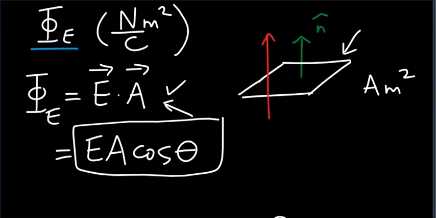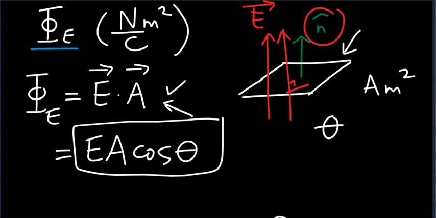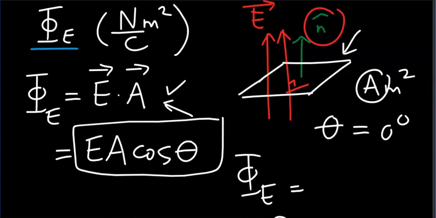Assume that you have an electric field in the direction parallel to the normal vector, namely, the direction of the electric field is perpendicular to the plane of that area. So that would make theta, the angle between E and n hat, equal to 0. So in this case, the electric flux through this surface with area A meters squared due to that electric field is quite simply E times A, because cosine of 0 is 1.